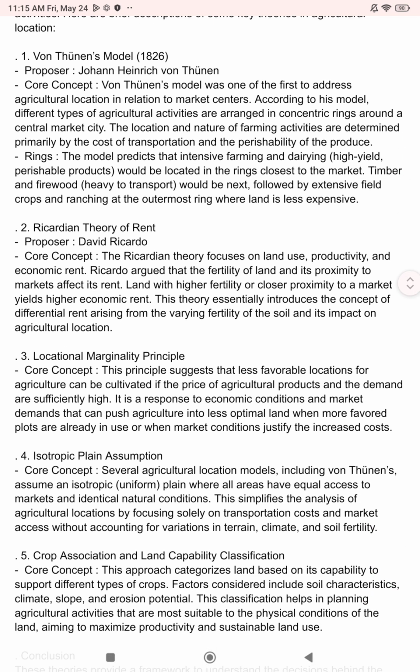This theory essentially introduces the concept of differential rent arising from varying fertility of land and its impact on agricultural location. So fertility will primarily determine the land use, in contrast to Von Thünen's model, where market demand and transportation cost matter.